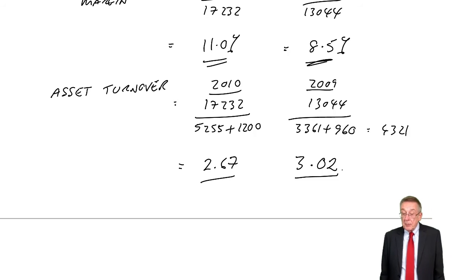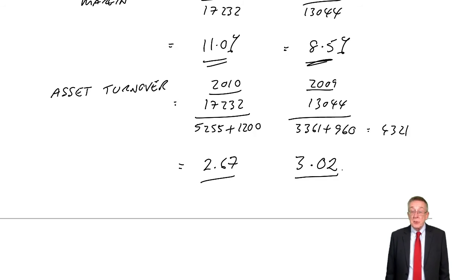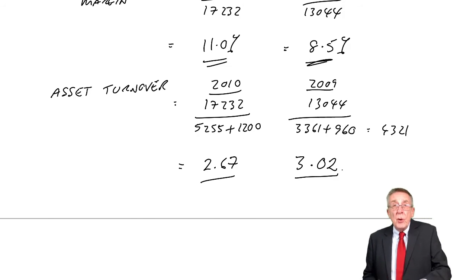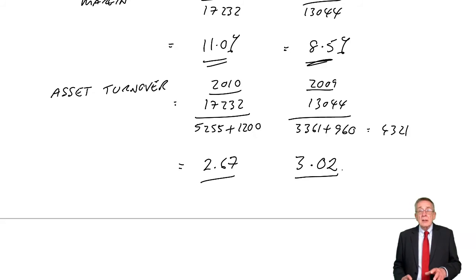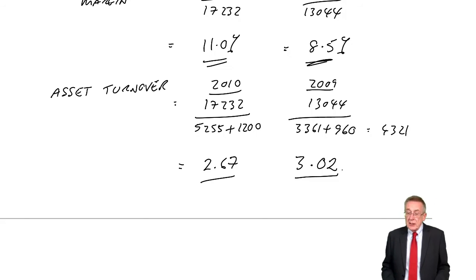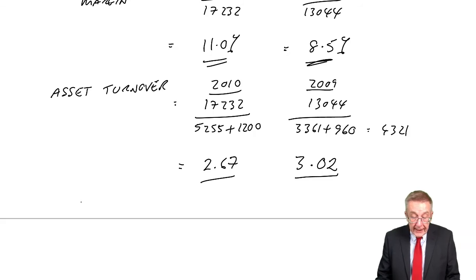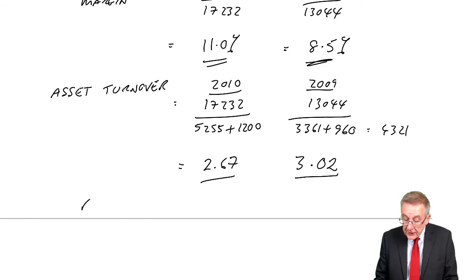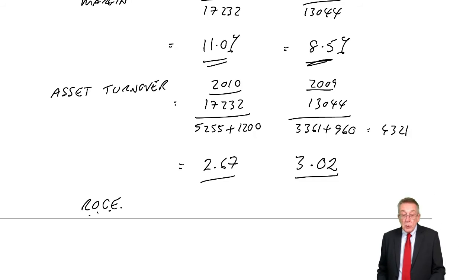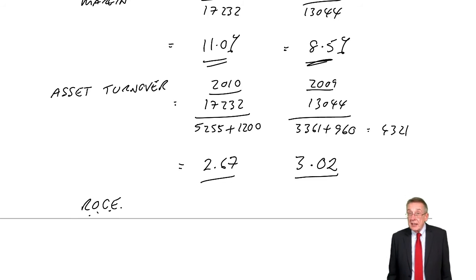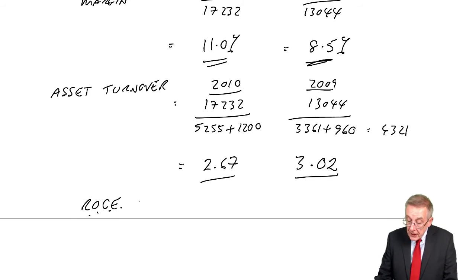Ideally, we'd want both profit margin and asset turnover to increase. But I did say that these are the two different things that affect return on capital. And do be aware, and I've written it down, the return on capital employed is equal to the asset turnover times the profit margin.